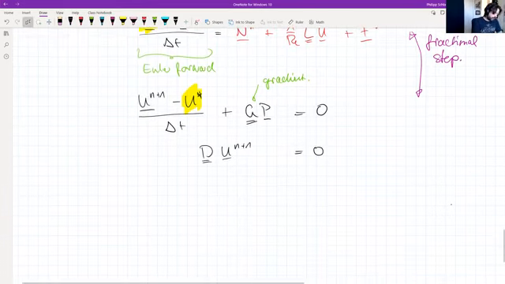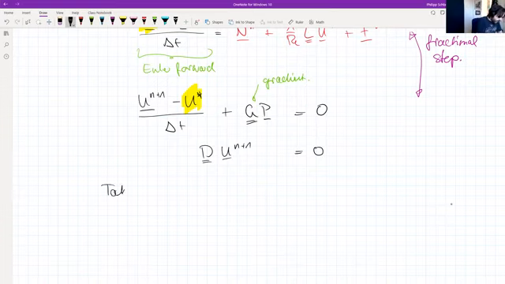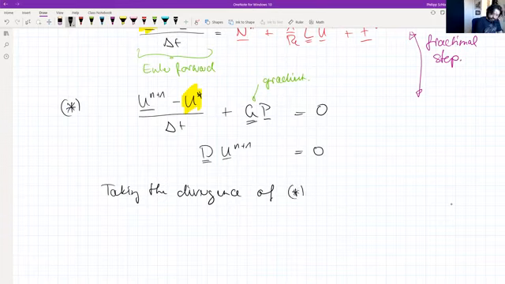And well, if I now try to combine that, meaning essentially I take the divergence of the second step, so taking the divergence of let's say equation star, if I take that divergence, I can arrive at the following equation.